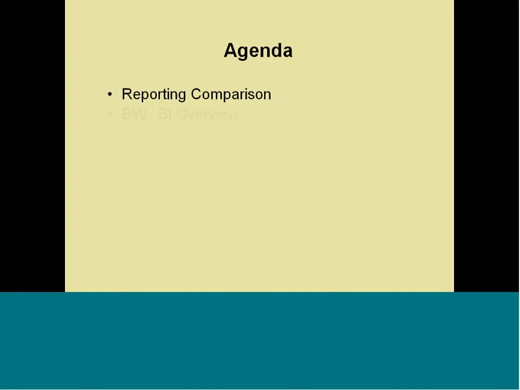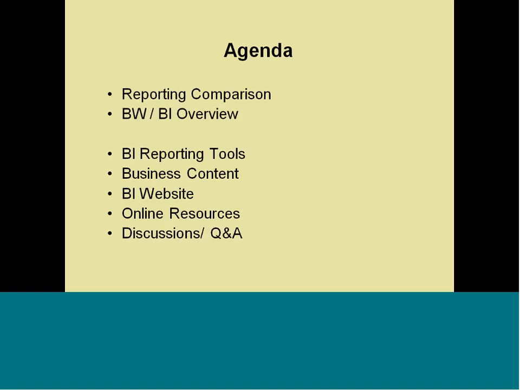Reporting comparisons, we will do BI BW overview. We will see BW BI landscape and architecture. What are BI reporting tools, business content, BI website, online resources and discussions. So in the overview, we will have DSOs, info cubes, metadata, info sets, a lot of things.